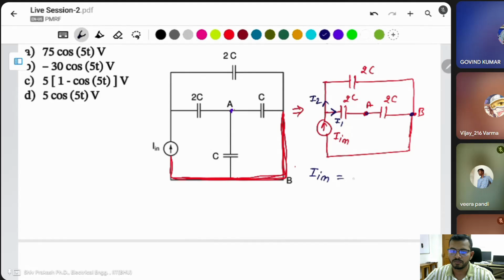I in is divided into I1 plus I2. Suppose there is a voltage.